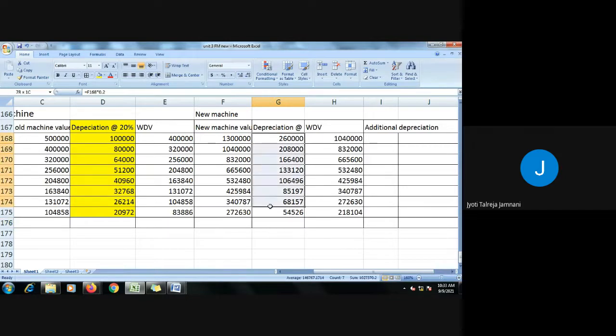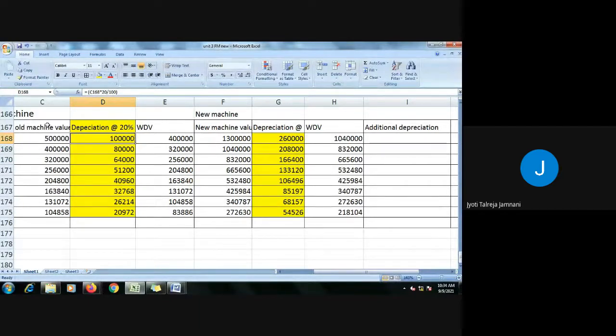Now we have the new machine depreciation and we have the old machine depreciation. We need additional depreciation. So in the additional depreciation column, what we will do is we will minus the old machine depreciation. Sorry, we'll minus the old from the new.